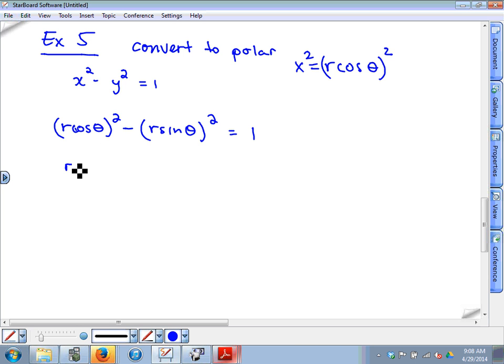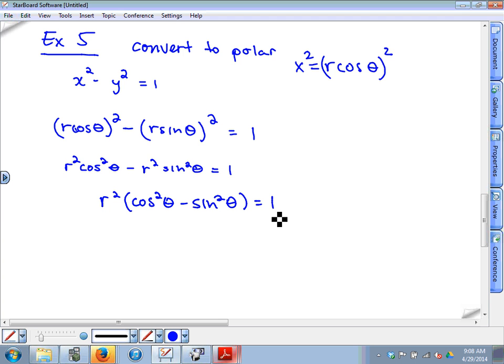Now let's simplify this. This is going to be r squared cosine squared theta minus r squared sine squared theta. Factor out the r squared. We have cosine squared theta minus sine squared theta equals 1.